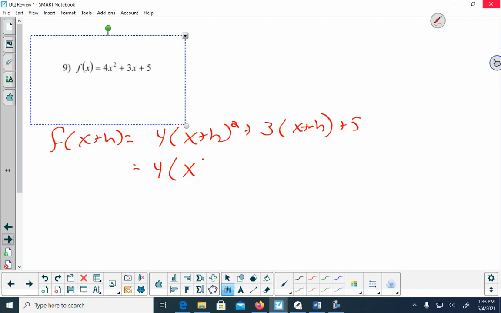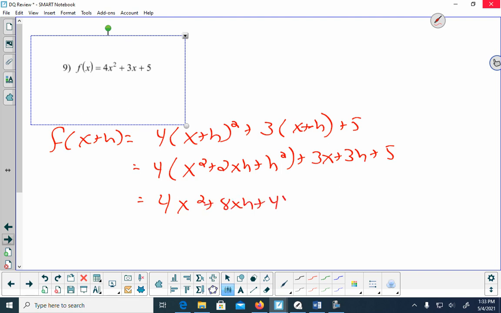So, squaring that, distributing my 3. Now I'm going to distribute my 4. My f of x is just going to be what's up there.